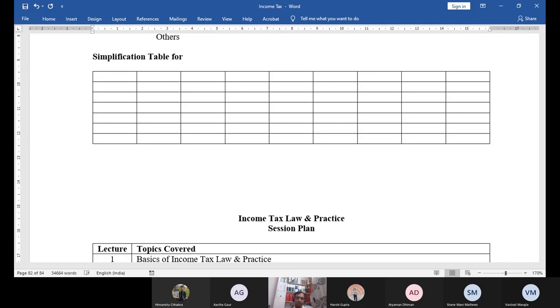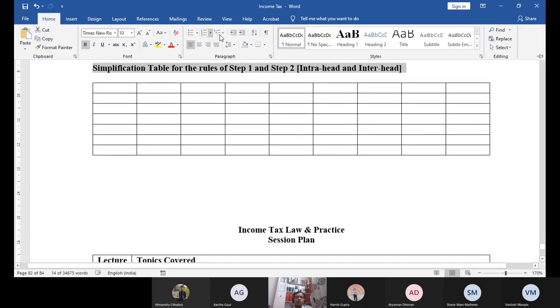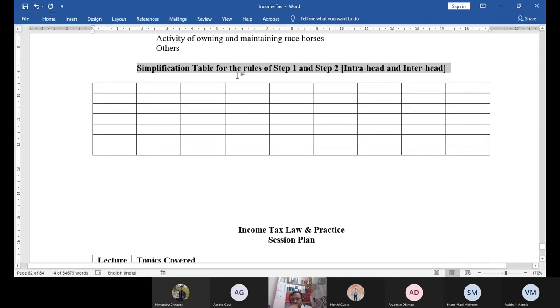Simplification table 4 for the rules of step 1 and step 2. That means this table talks about intra-head and inter-head rules. It is not so easy. I simply assumed a small example of house property, but so many losses have some restriction that they cannot be adjusted against this, etc., etc.